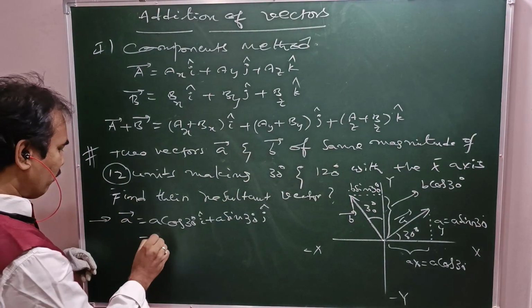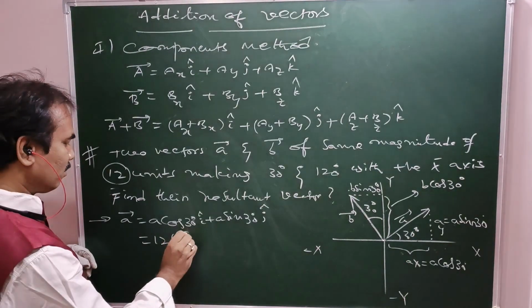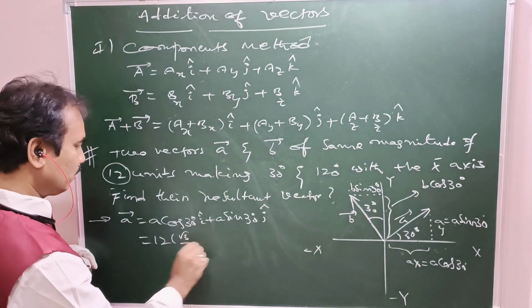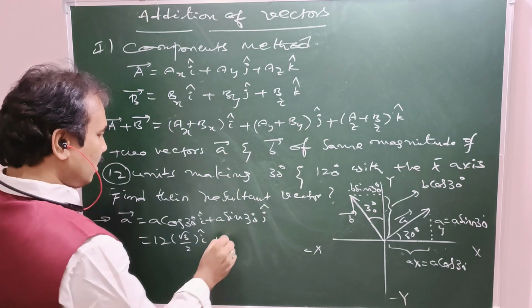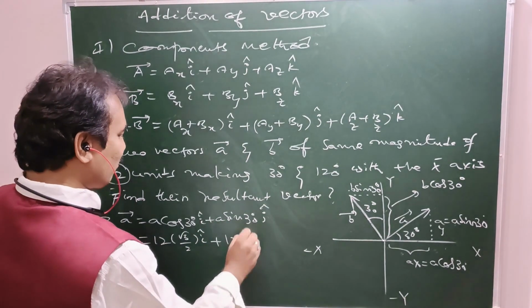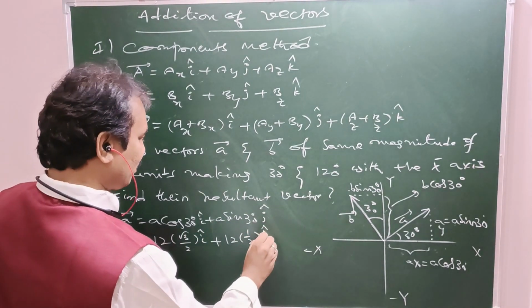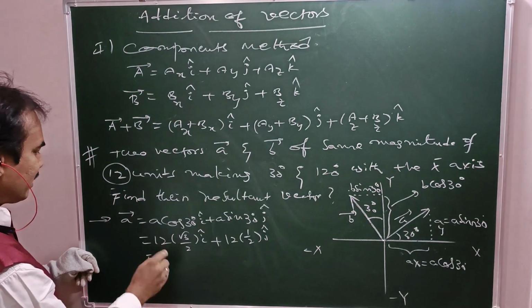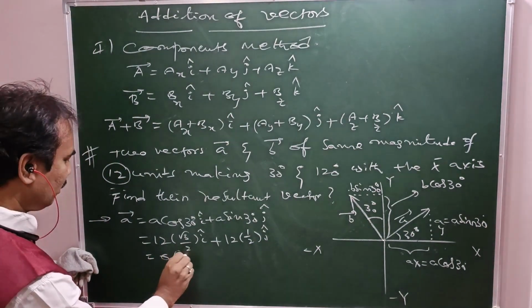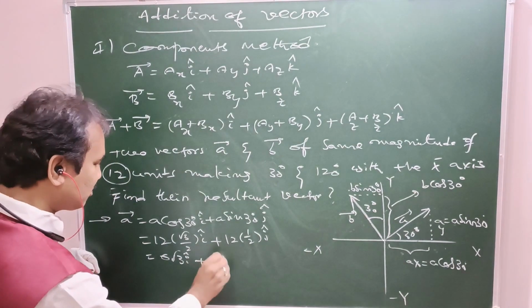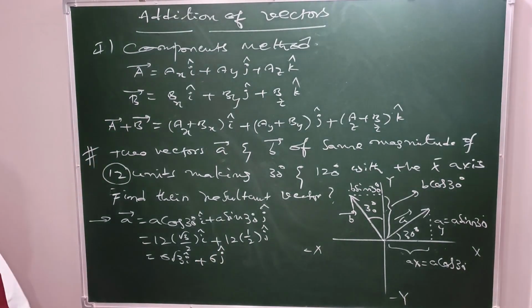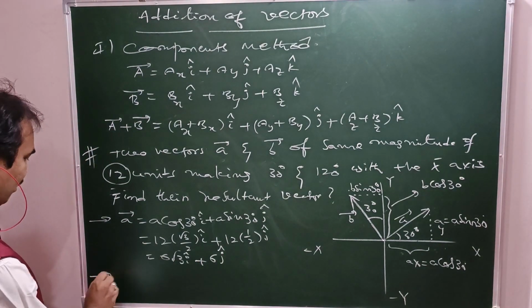So 12 into cos 30, root 3 by 2, into i cap plus 12 into sin 30, 1 by 2, into j cap. That is 6 root 3 into i cap plus 6 j cap. Now what about b bar?